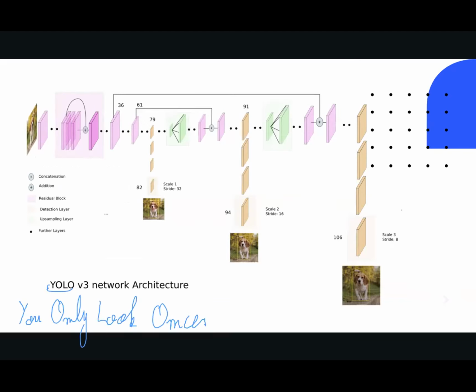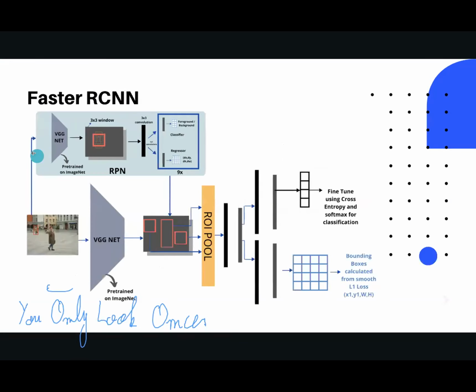Now, a small question. In the Faster R-CNN architecture, here, how many times will you be looking at the image? Once through here and once through here.